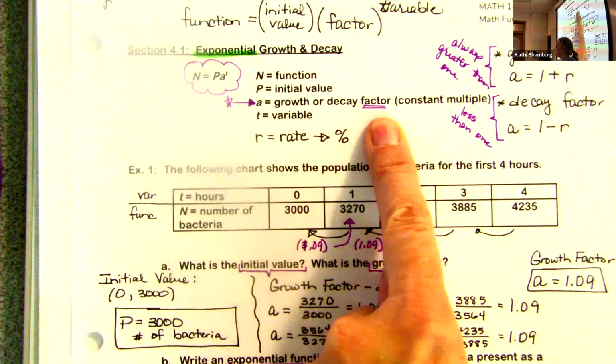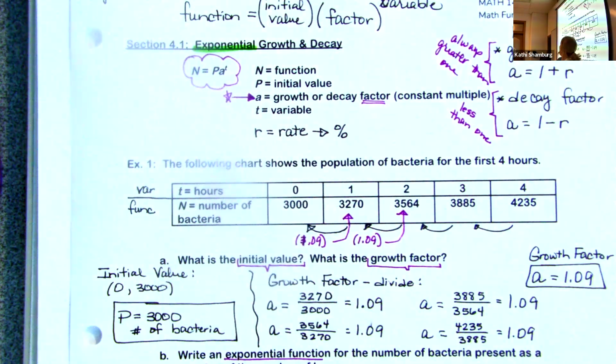A is a factor, and it can be either a growth or a decay factor. We talked about what is always true about the growth factor. It's always going to be a number greater than 1. What's true about the decay factor? It's a number that's always smaller than 1.